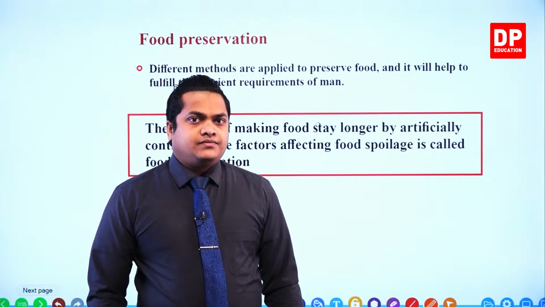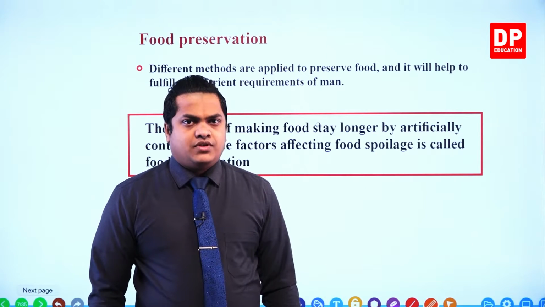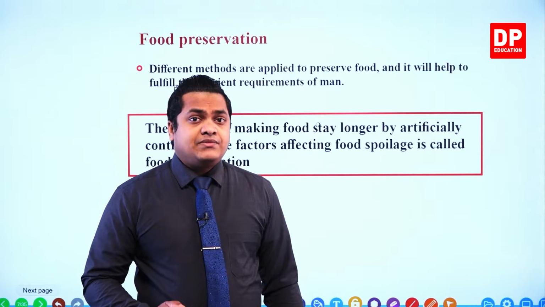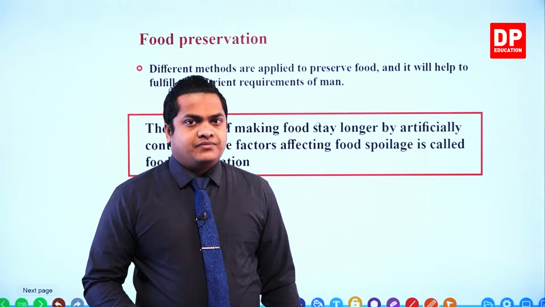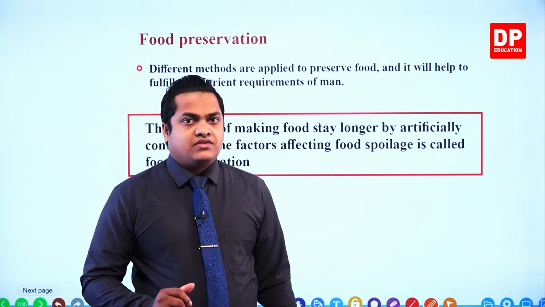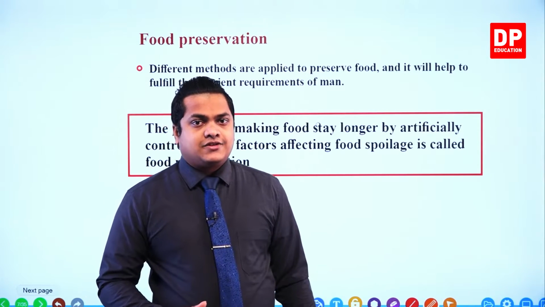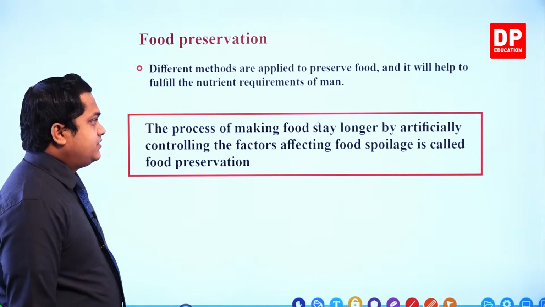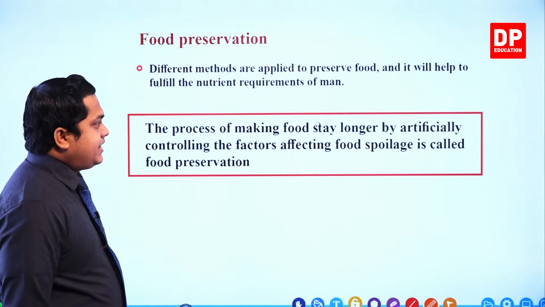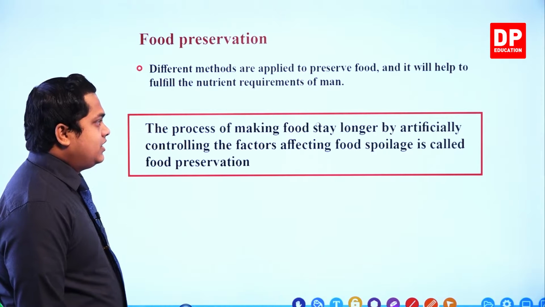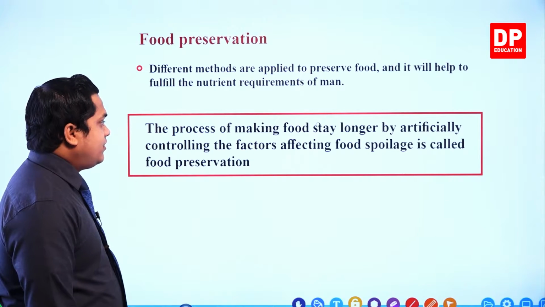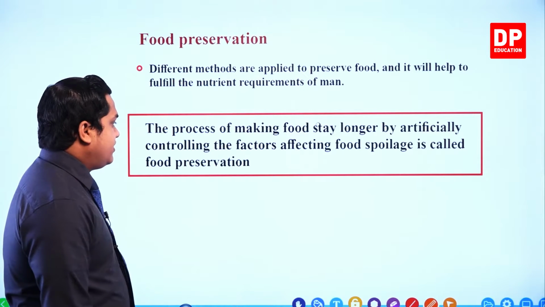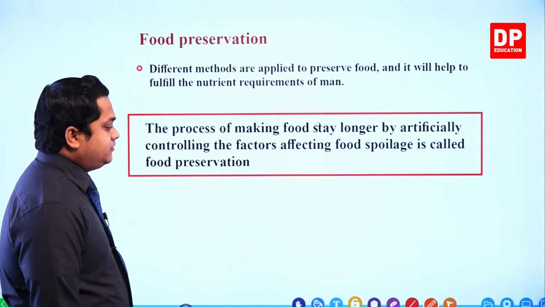So my dear children, it's important to preserve food, and it also helps us to consume different types of food when we need it. Preserving food is a very good advantage. So what do you mean by food preservation? The process of making food stay longer by artificially controlling the factors affecting the food spoilage is called food preservation.